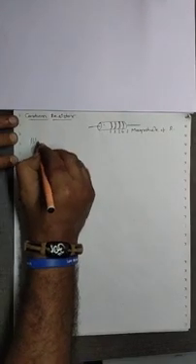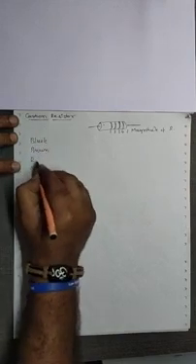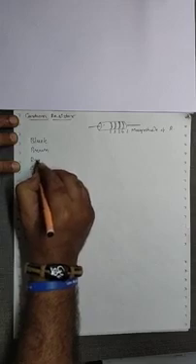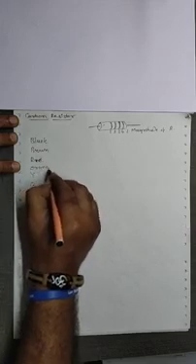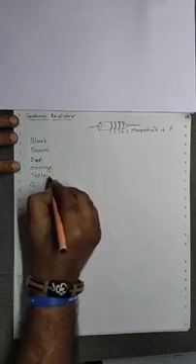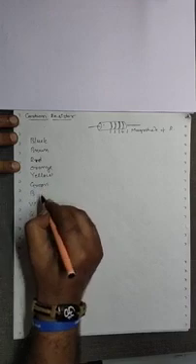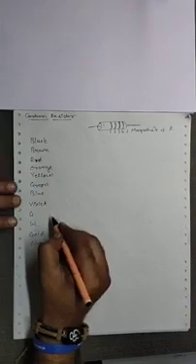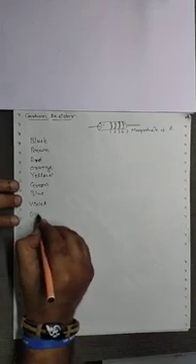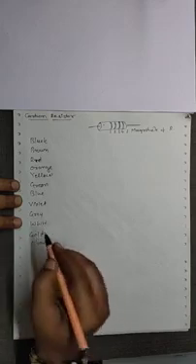B means black, brown, R, red, O, orange, yellow, green, blue, violet, gray and white.